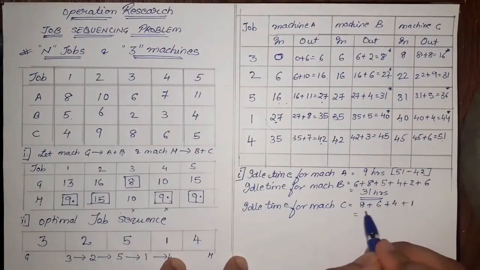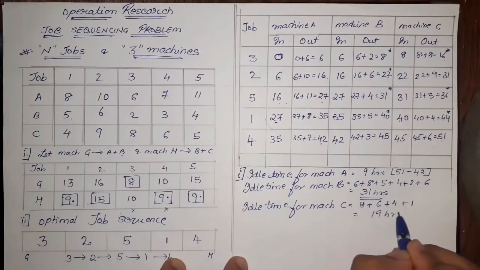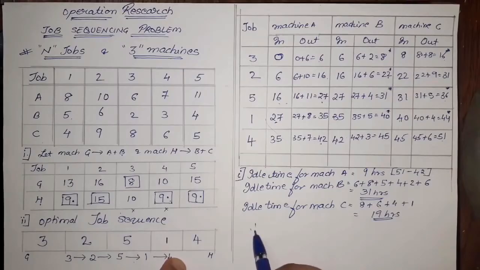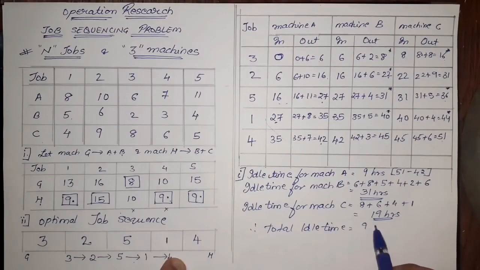So in total 19 hours idle. Therefore, the total idle time of the machines A, B and C were 9 hours plus 31 hours plus 19 hours, which is equal to 59 hours. So the total idle time we found is 59 hours.